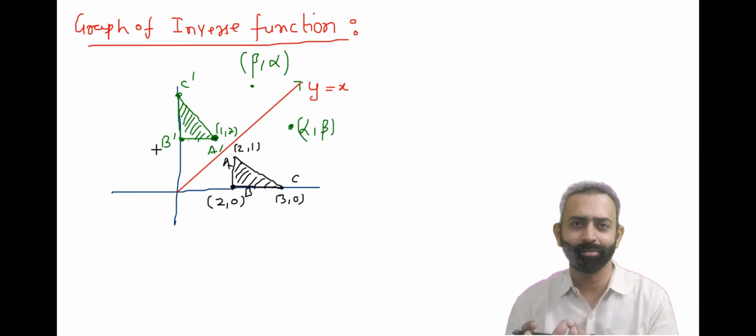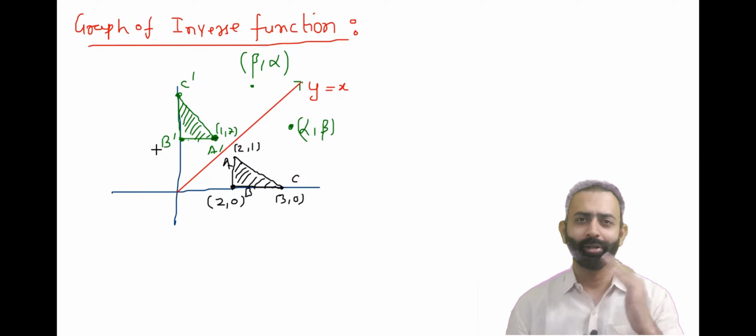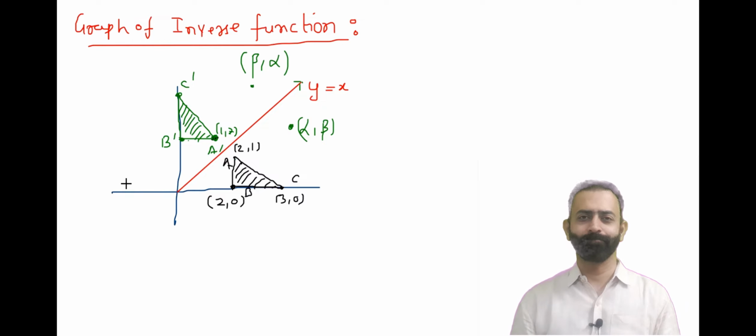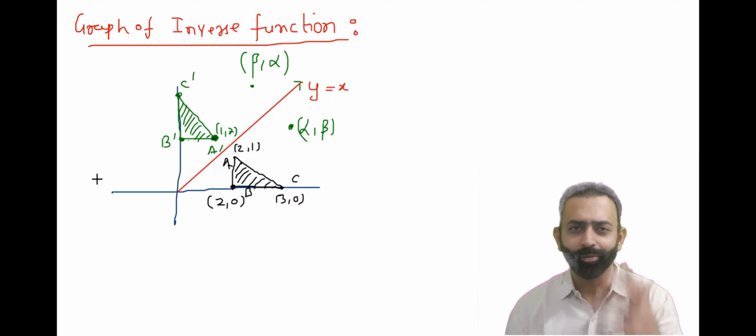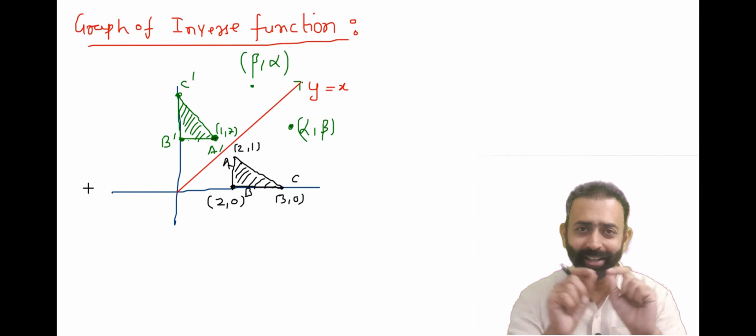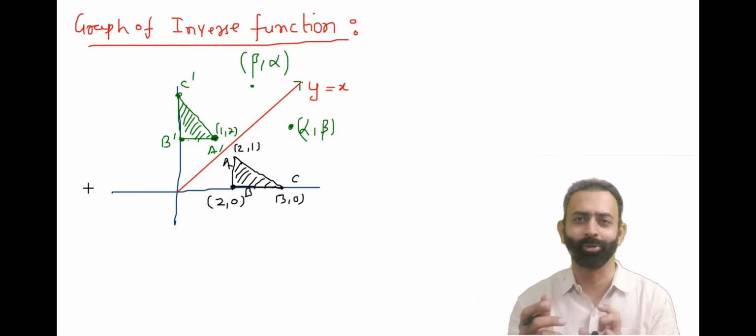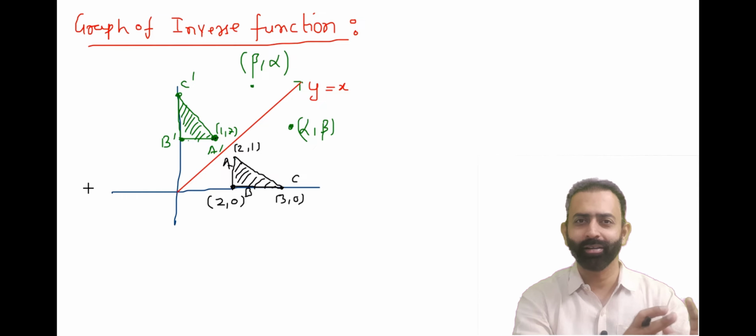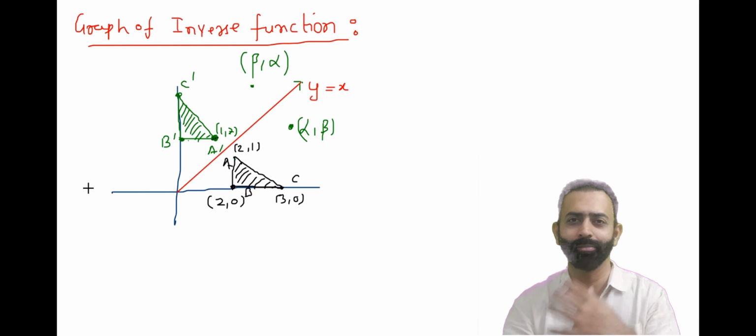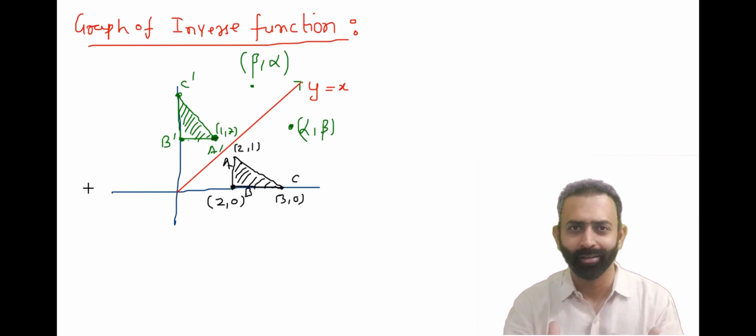If f(x) is a function, you draw the graph of f(x) and you take the mirror image of that along the line y = x. That mirror image will be the graph of the inverse function. And how have we arrived at this? It is just that simple fact that output becomes input and input becomes output. The same thing algebraically comes in terms of variables, and graphically comes in terms of coordinates. It's beautiful.